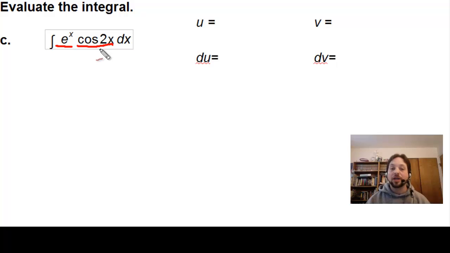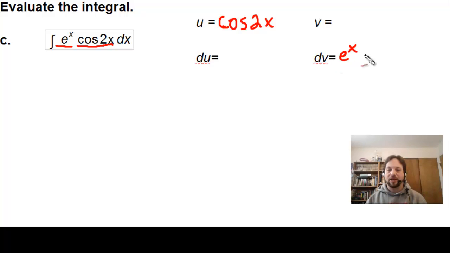So we're still going to begin this problem just like we have all the other ones using LIATE. There are no log functions, there are no inverse trig functions, there are no algebraic functions, but we do have a trig function here in cosine 2x, and so I am going to make that my u, cosine 2x. Therefore, dv is going to have to be e to the x dx.